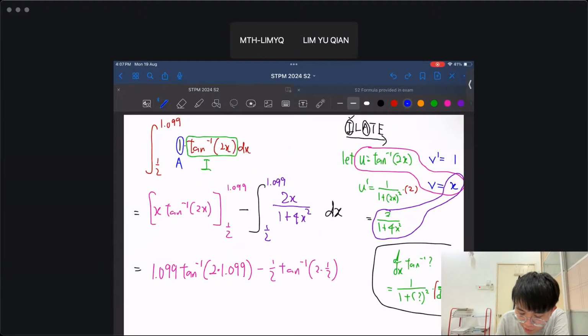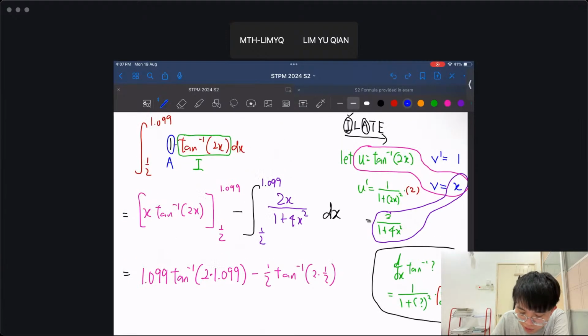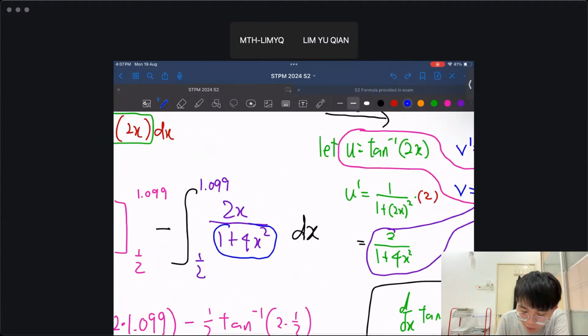Minus with this integration, how to do? The hint is you look at the denominator, there's a power of 2. Numerator, power of 1 only. So if you do differentiation, the power 2 will become power 1. So the hint is 1 less power.